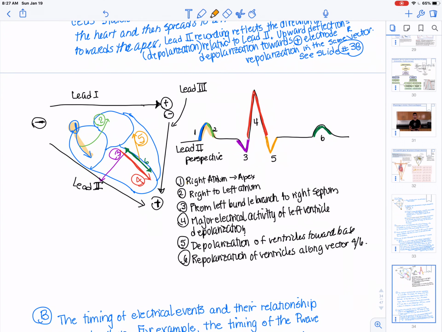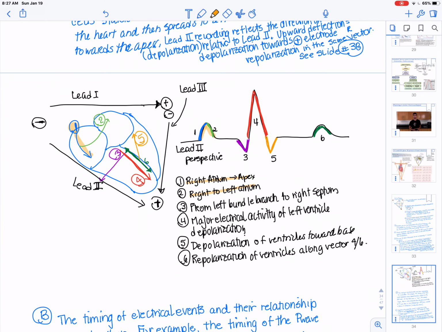So right atrium to the apex is number 1, right to left atrium is number 2. Oh, no, I'm not going to write repolarization there because that is incorrect. So right to left atrium wave.